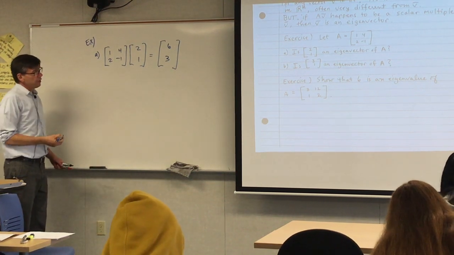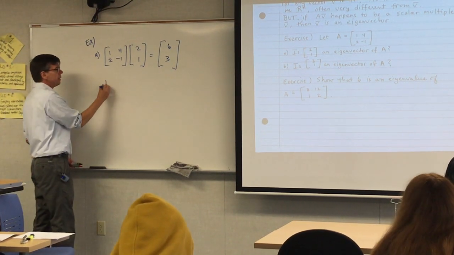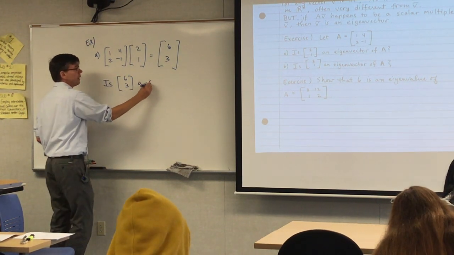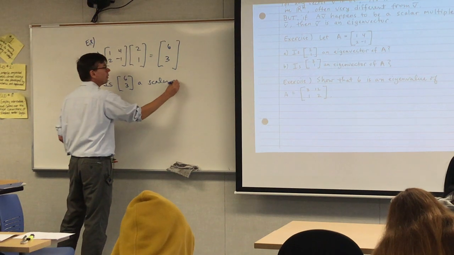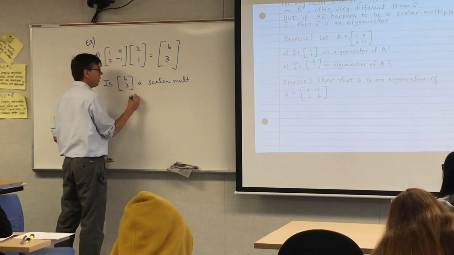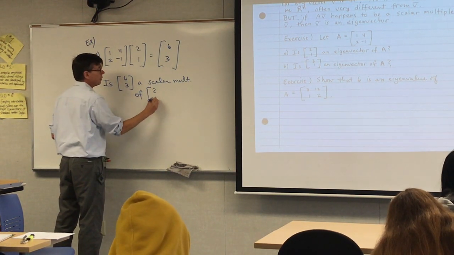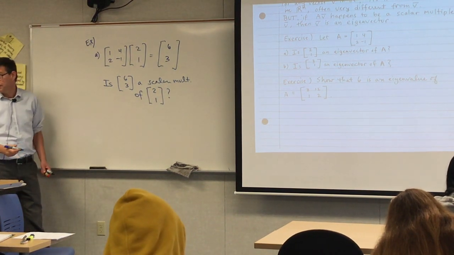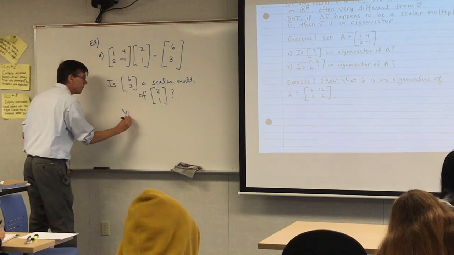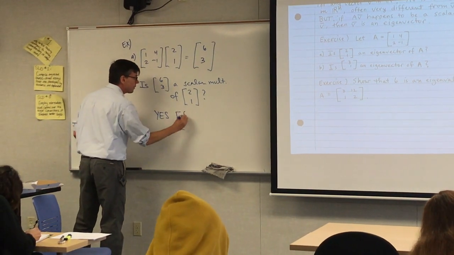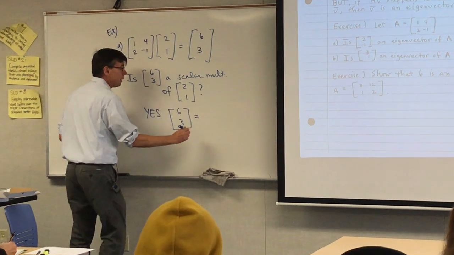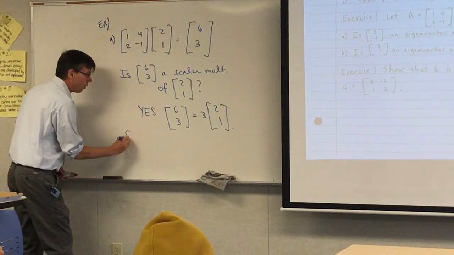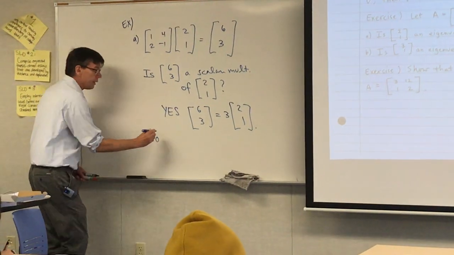And so the question we're asking ourselves is, is (6, 3) a scalar multiple of the vector (2, 1)? And that shouldn't be hard to see here. The answer is yes. (6, 3) is equal to 3 times (2, 1). So (2, 1) is an eigenvector.